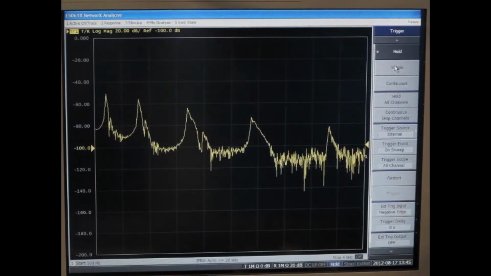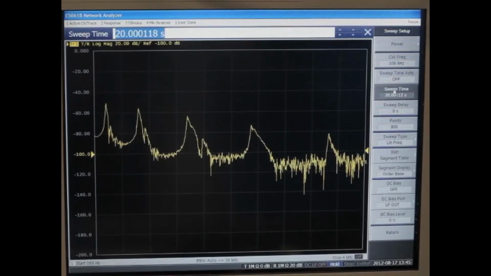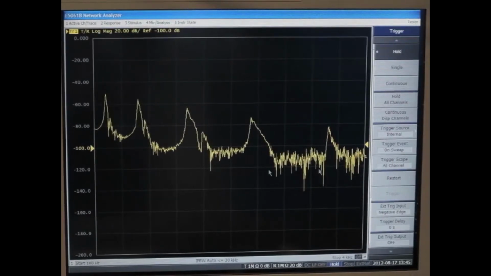And let's do instead a 200-second sweep and see if we can't clean it up.